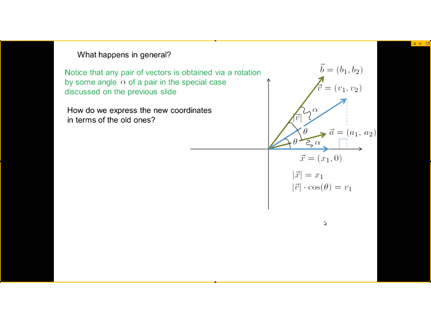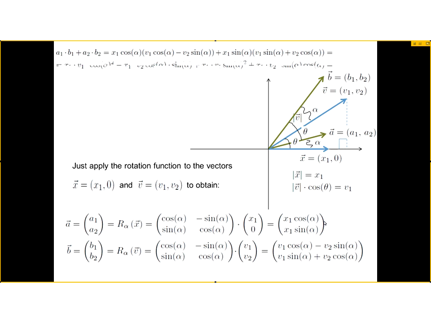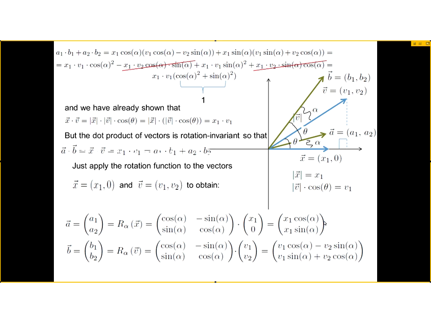How do we express the new coordinates in terms of the old ones? Just apply the rotation function to the vectors. x is equal to x1, 0 and v is equal to v1, v2, and we can obtain the result. So these are some examples over here. This is an example.